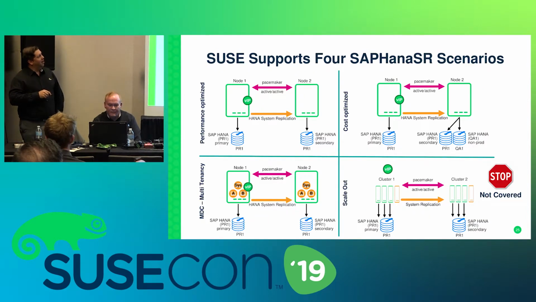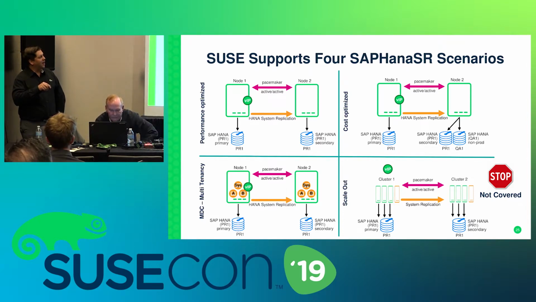All right, so we support all of these scenarios. Performance optimized, you basically have a dedicated big node, or 2 nodes, I should say. There's also the cost optimized scenario, where the secondary node can be used for things like QA. So the replication is still happening, but your data is not active.